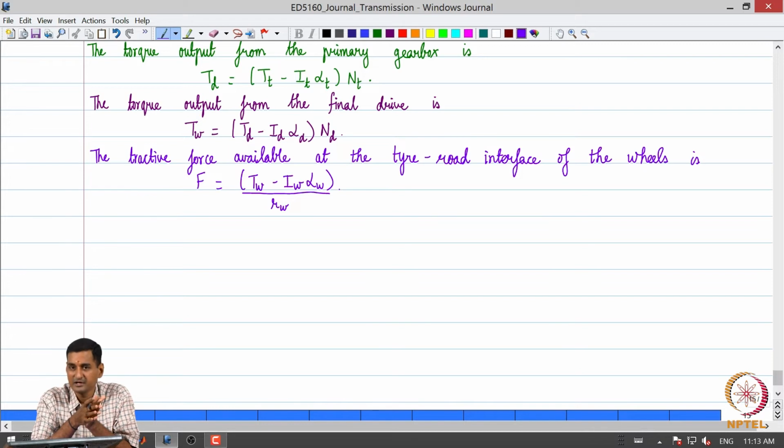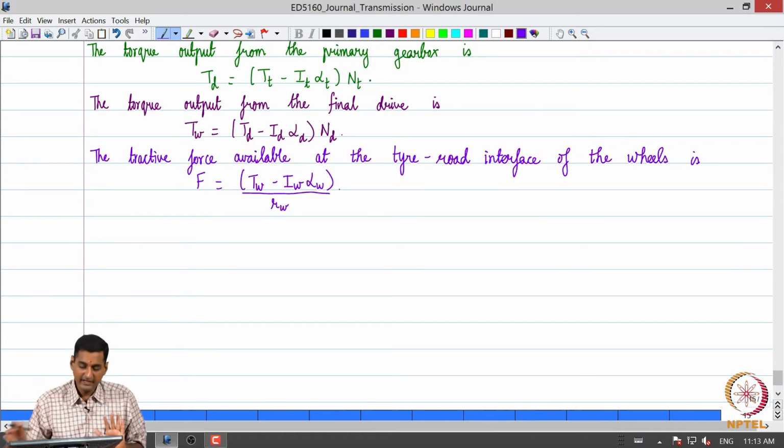So, it is not undergoing a pure rolling motion. So, there is something called wheel slip, which becomes very important, and that has a very strong impact on the tractive force limit available at the tire road interface. We shall look at it more closely, particularly when we are looking at braking analysis and anti-lock brake systems.